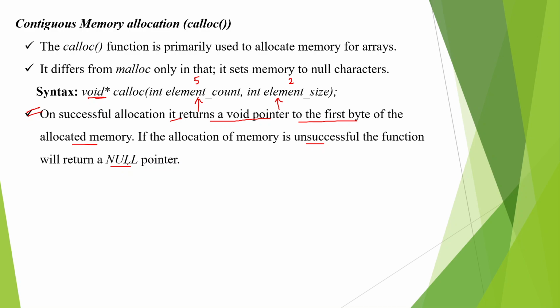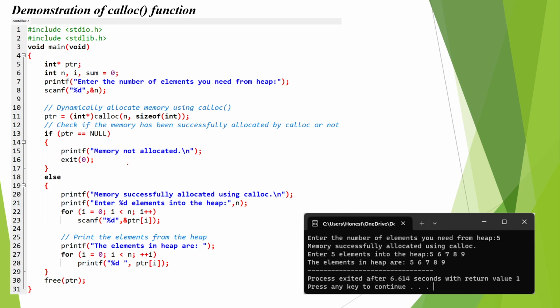Okay, quickly we see a demonstration of this calloc function, the dynamic memory allocation function, the contiguous memory allocation function, calloc. First we are reading the number of elements that you want from the heap.